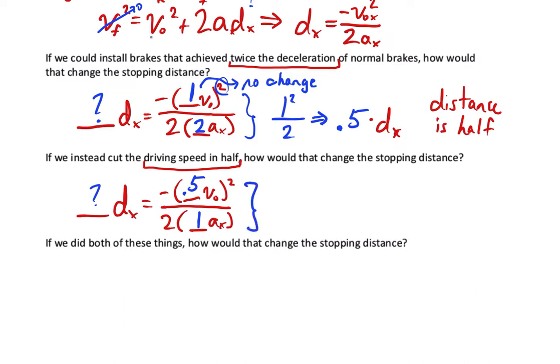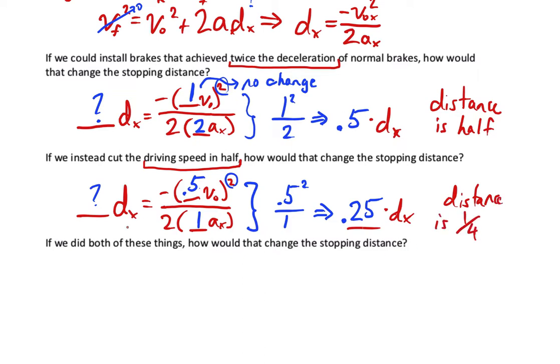Well, the equation is pointing us to something a little more involved, because it's 0.5 squared over 1. And if I type in 0.5 squared in my calculator, it'll be 0.25 of the dx. So in other words, our distance required for this is 1/4 of what it has been.